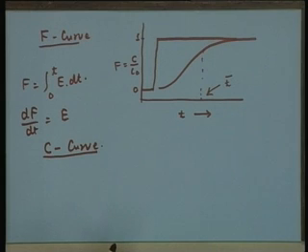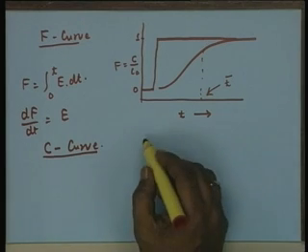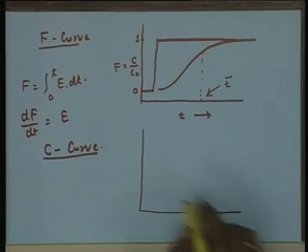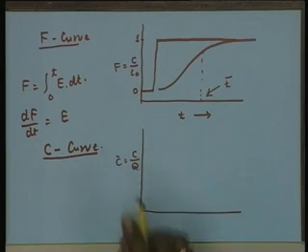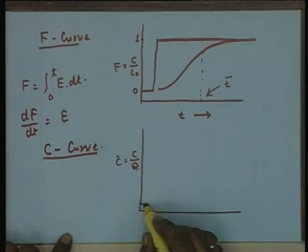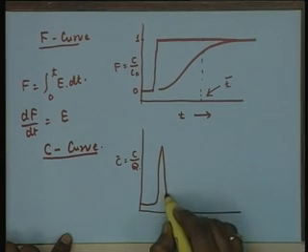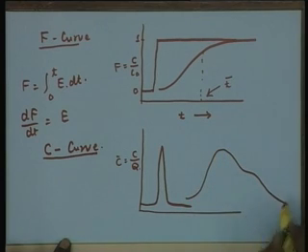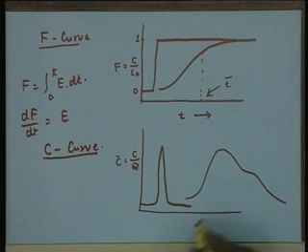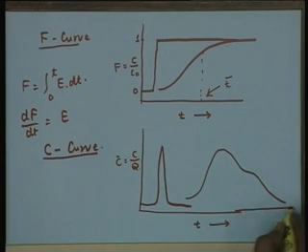delta input is called the C curve. In fact, we normalize it to get the response. For example, normalization in this case is C bar equal to C upon Q, where Q is the total quantity of stimulus given, and its response is monitored over a period of time.